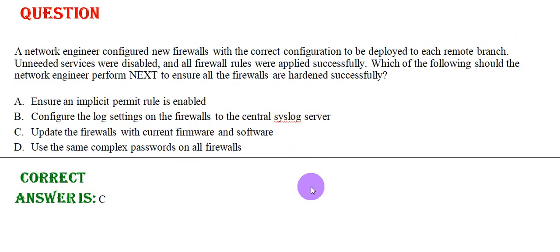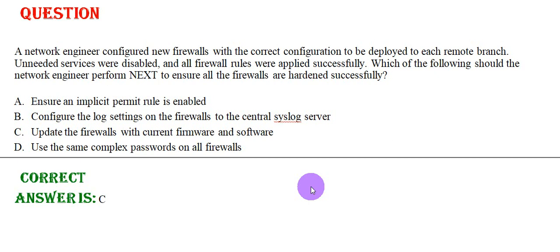A network engineer configured new firewalls with the correct configuration to be deployed to each remote branch. Unneeded services were disabled and all firewall rules were applied successfully. Which of the following should the network engineer perform next to ensure all the firewalls are hardened successfully?